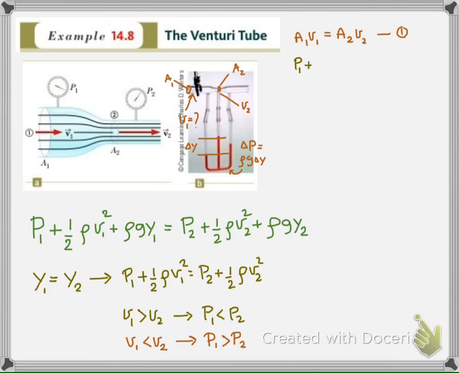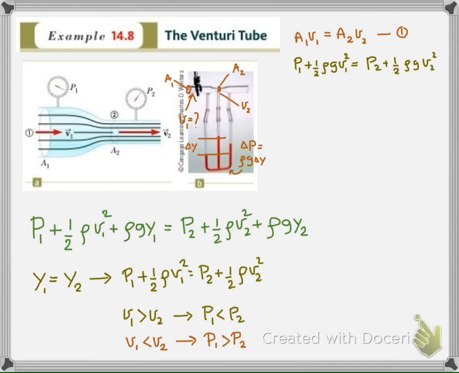P1 plus 1/2 of rho V1 square is equal to P2 plus 1/2 of rho V2 square. Here we may not know P1 and P2, but we know the difference between P1 and P2.